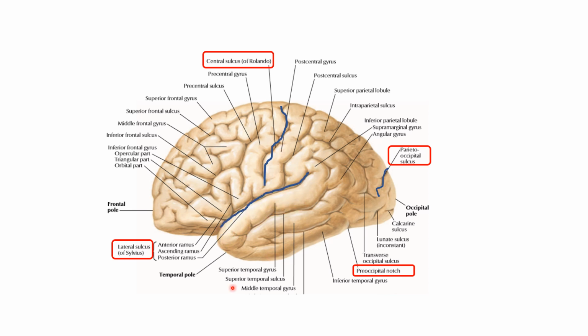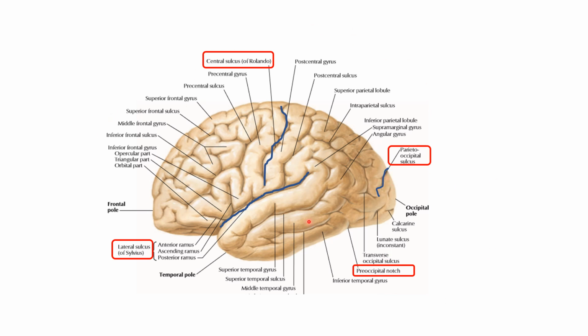Then this is the lateral sulcus, which is again very important. And then posteriorly there is a very small sulcus known as the parieto-occipital sulcus. This is again very important.